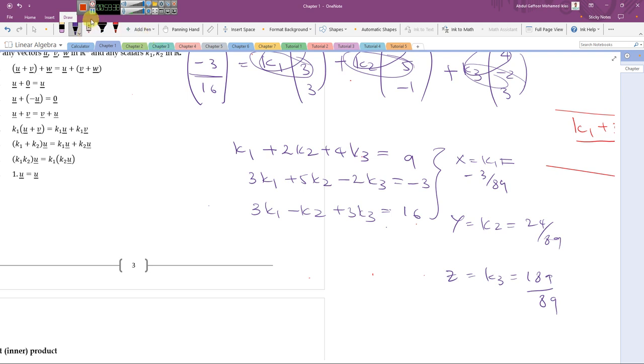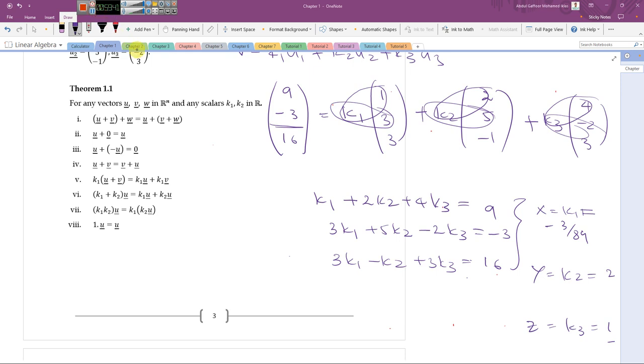We have Theorem 1.1 related to the addition and scalar multiplication of vectors. The first one is (u plus v) plus w is equal to u plus (v plus w), which means vector addition is associative.